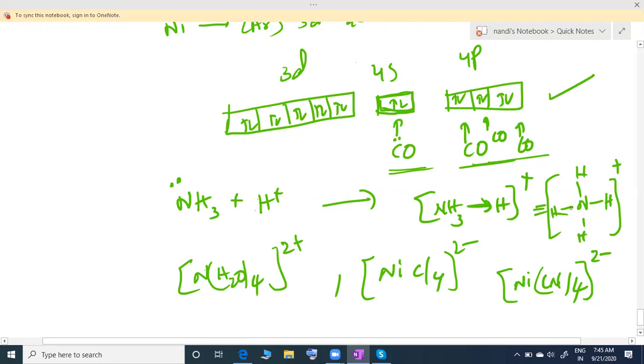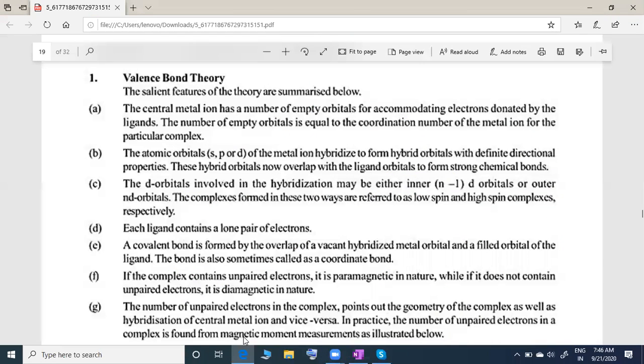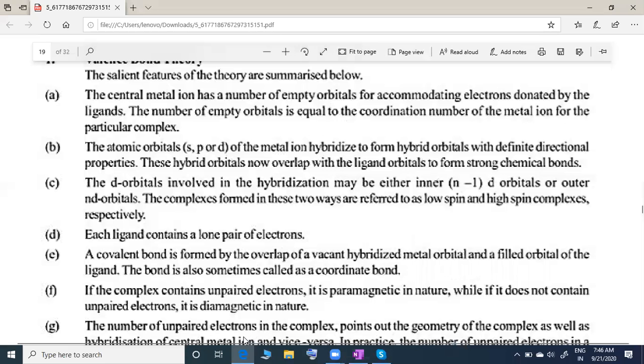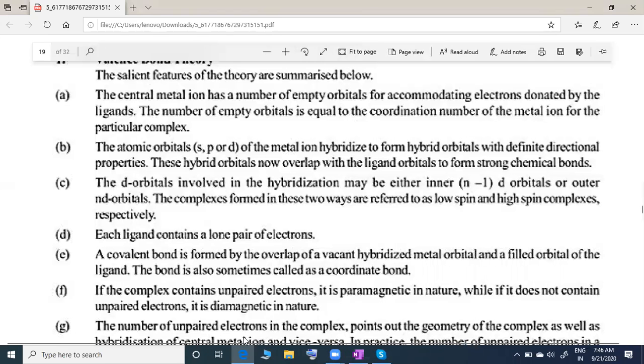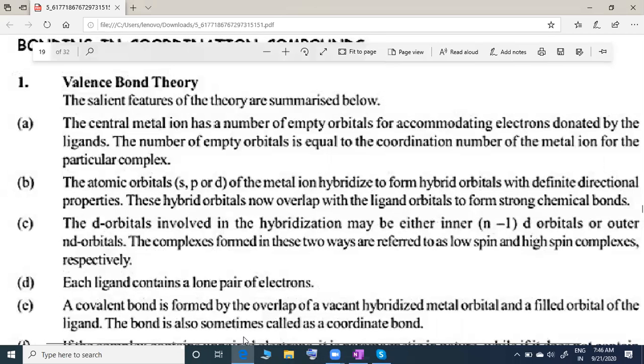Clear? So now you can see a few postulates which they have given here. Just read this briefly, nothing here, you can understand everyone. The central metal ion has a number of empty orbitals for accommodating electrons donated by the ligands.